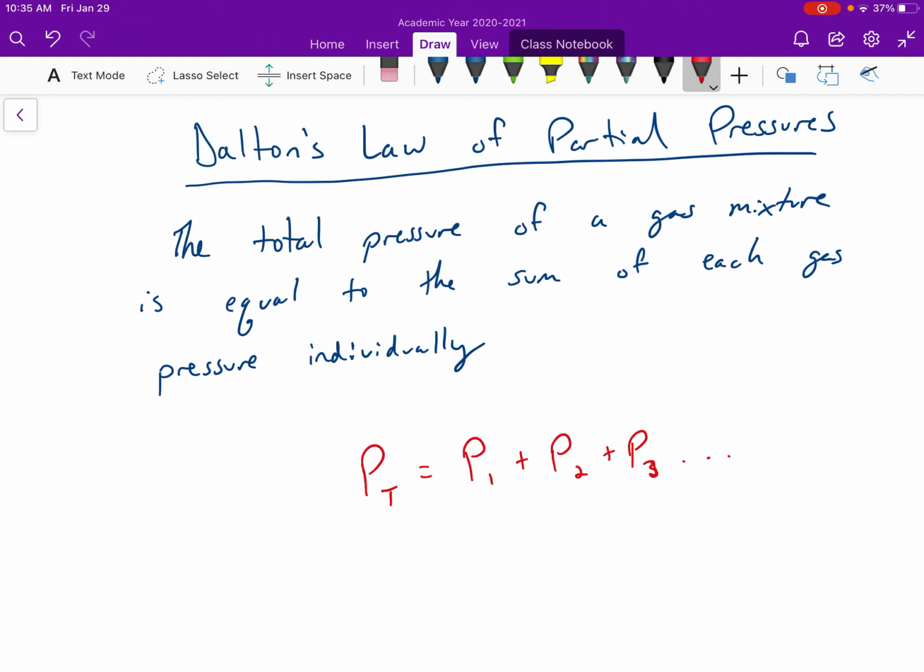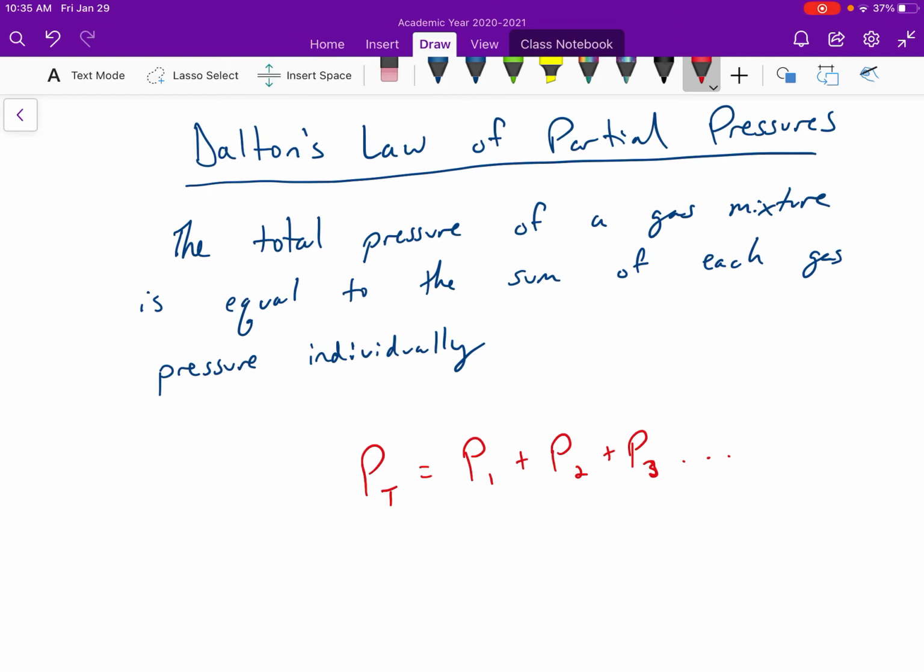The reason why this holds true is because of the kinetic molecular theory, which says basically that the identity of the gases doesn't matter, right? Because they don't impact each other. The containers are usually so big, the gas particles are so spread out that they're not impacting each other at all. So for example, air, right? Air is a mixture primarily of nitrogen and oxygen.